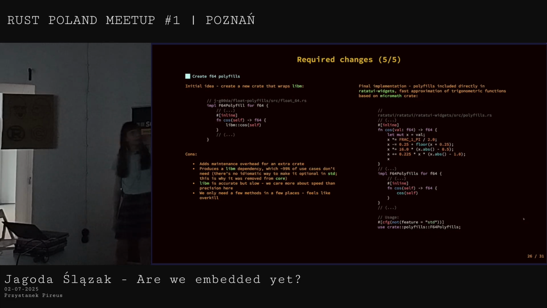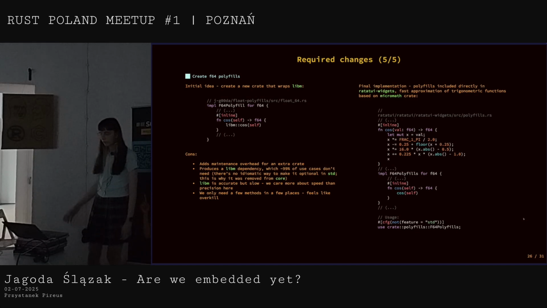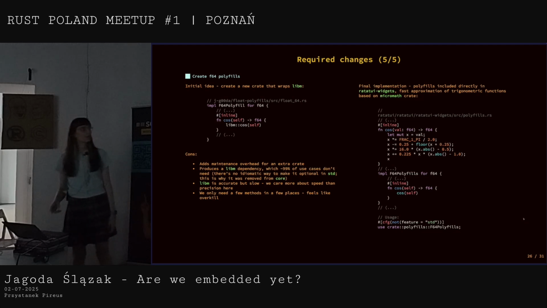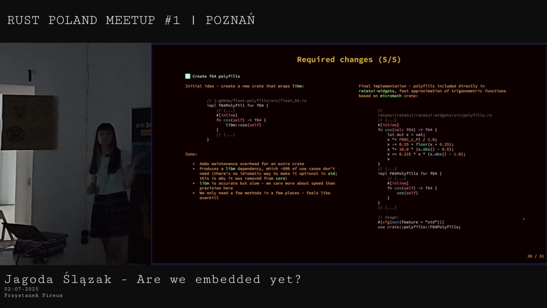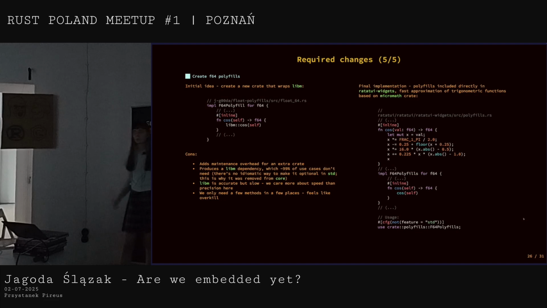And for trigonometric functions, we used an approximation implementation from the micromath crate. And it's precise enough because it's only used to basically draw circles in the terminal using characters, so it doesn't have to be that precise. It will still pass the previous tests.